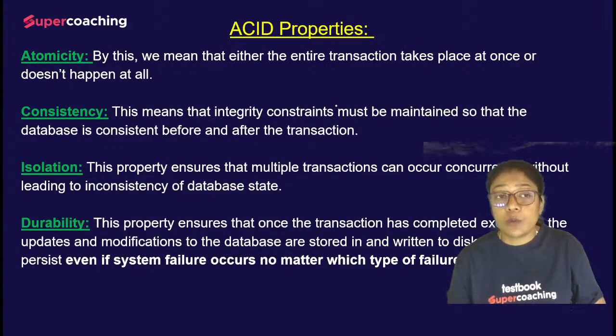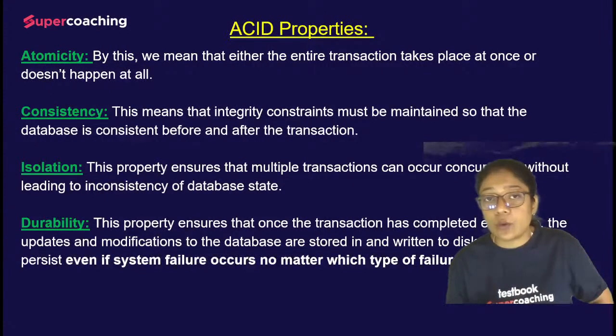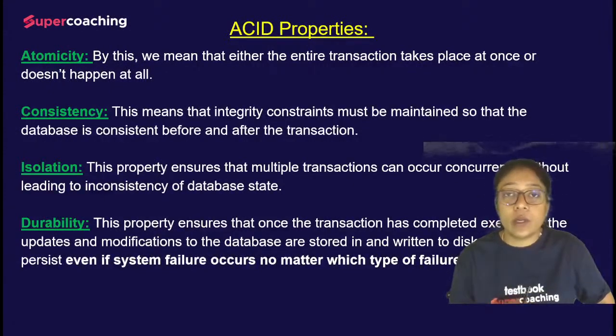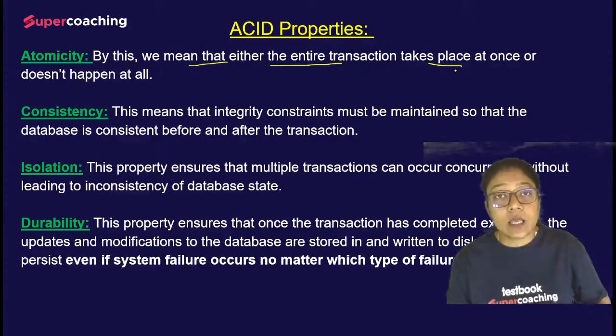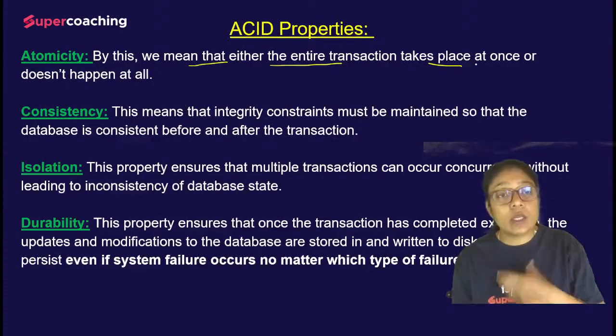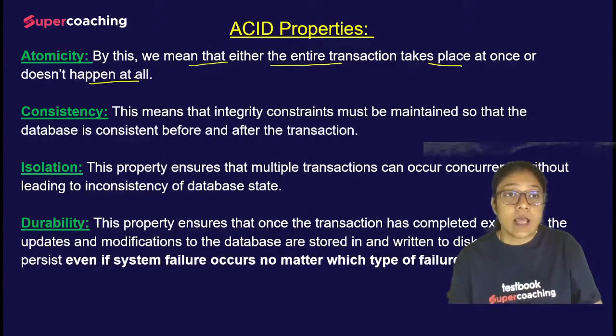So atomicity means either it is not deducted from A's account and not credited to B's account, or if it is deducted from A's account then it will be credited to B's account. So atomicity means that either the entire transaction takes place, or it doesn't happen at all. That is atomicity.